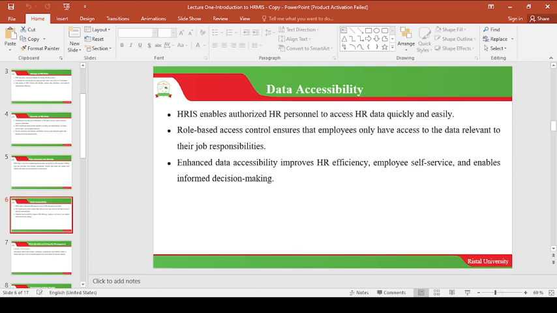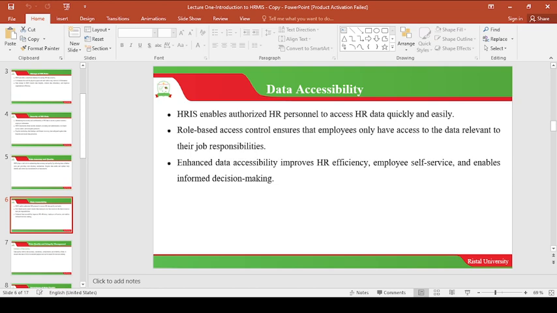Enhanced data accessibility improves HR efficiency, employee self-service, and enables informed decision making. Decision making concerning promotion depends on the HR information or the data you want to get. The decision to train employees also depends on the information, and the decision to either renew the contract or not also depends on the data which you are going to access in the system.